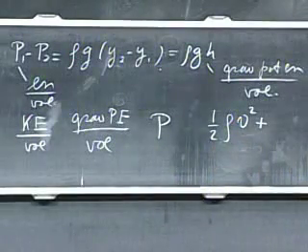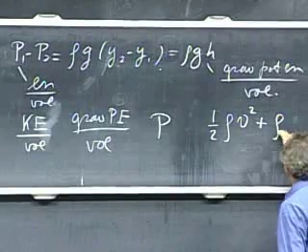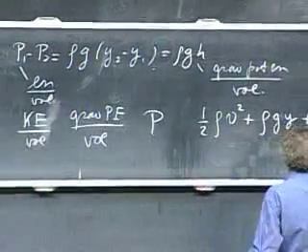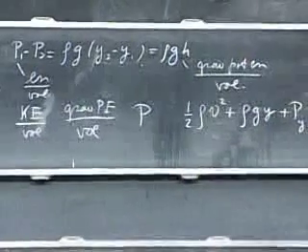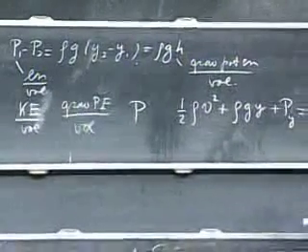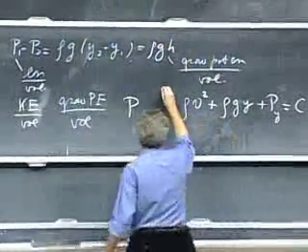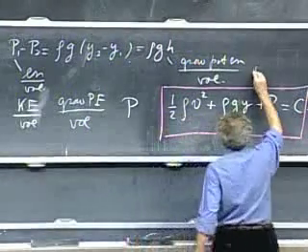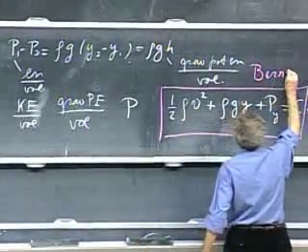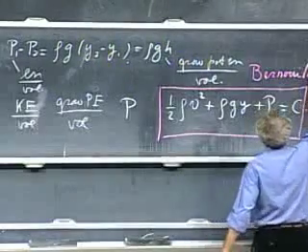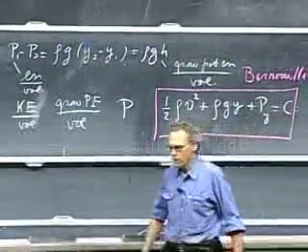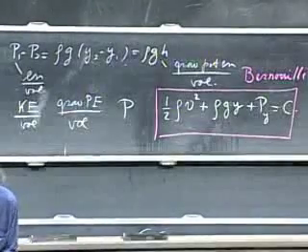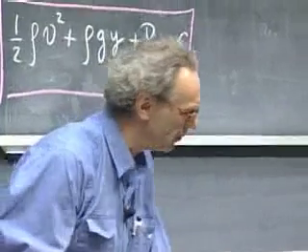I divide by volume, and so I get rho gy, plus the pressure at that location y, and that must be a constant. And this now is Bernoulli's equation. It is a conservation of energy equation. And as I will show you, it has very remarkable consequences.